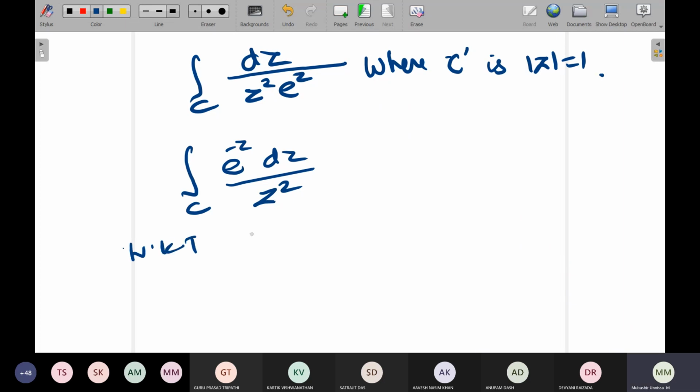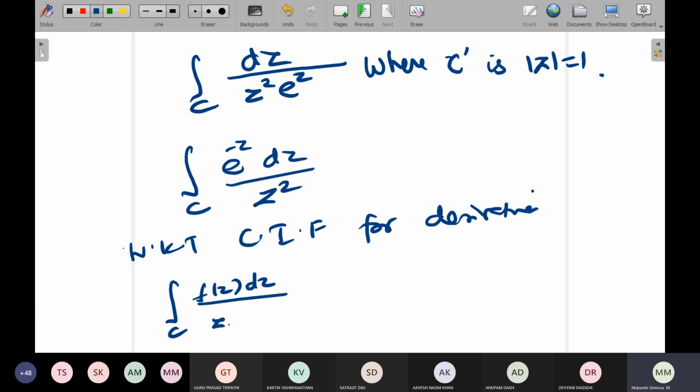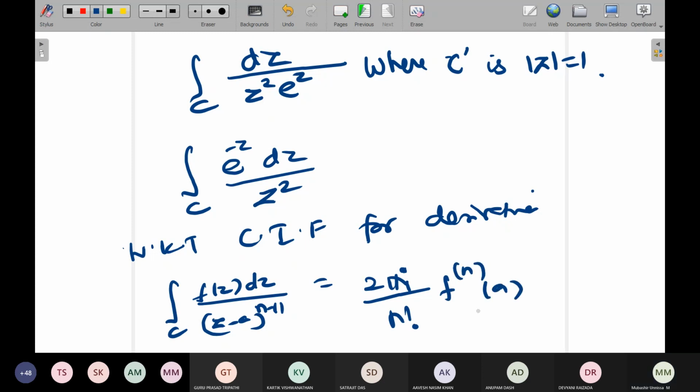We know that Cauchy integral formula for derivatives: integral over C of f of z dz divided by z minus a whole power n plus 1 will be equal to 2 pi I by n factorial into f power n of a.